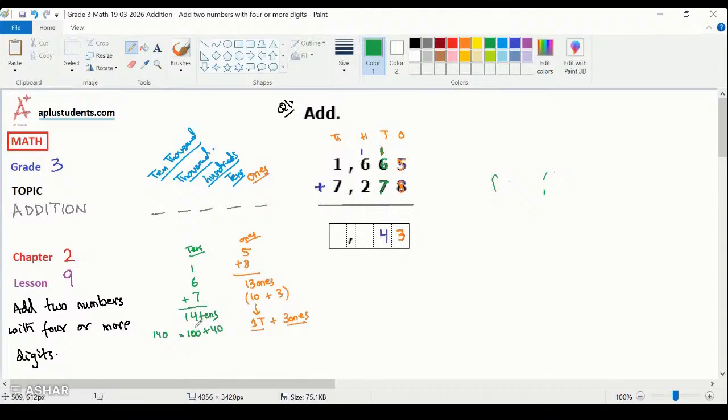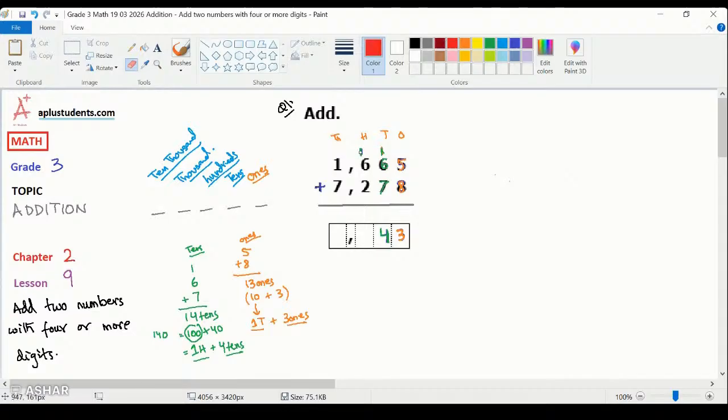That means this is 1 hundreds plus 4 tens. So we write 4 in the tens and we carry 1 to the hundreds. Agreed? Do we agree on this? Oh, perfect.